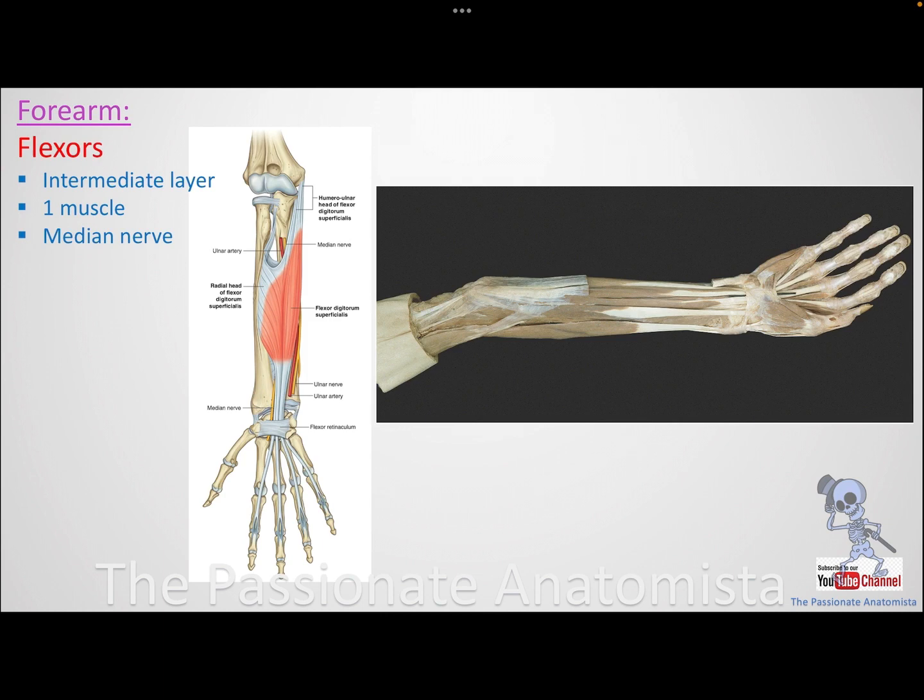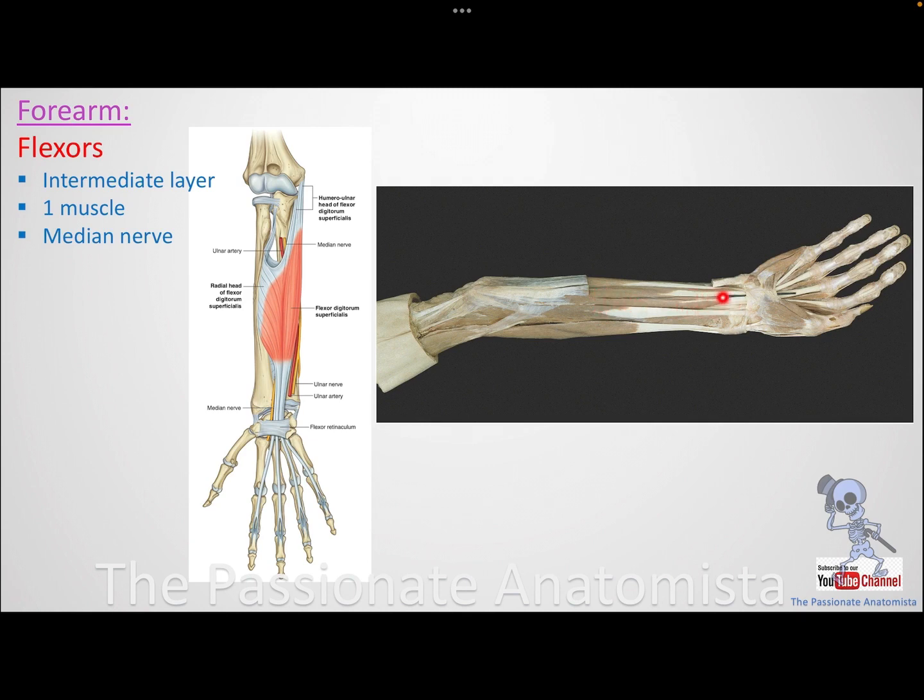Now let's move to the next group. If we cut off the muscles that are covering the flexor digitorum superficialis, we will find that this next group has a humeral head from the medial epicondyle, the common flexor origin, and it also has an ulnar head and a radial head. So the flexor digitorum superficialis has a very broad origin, and it's a very broad muscle, taking a whole second or intermediate layer.